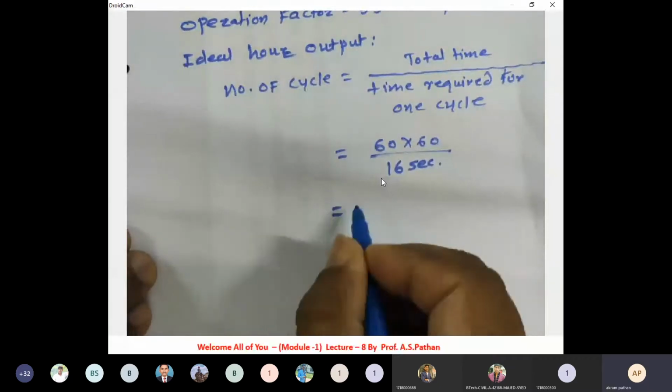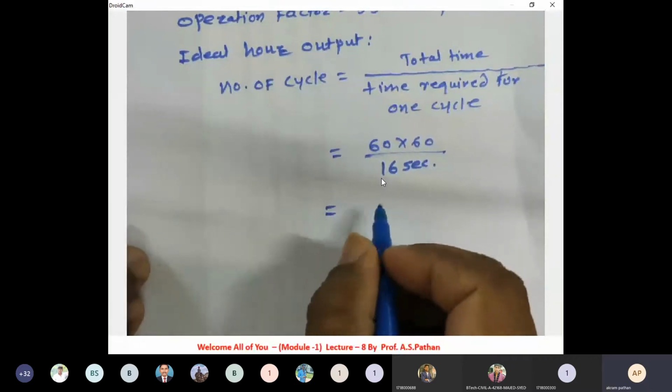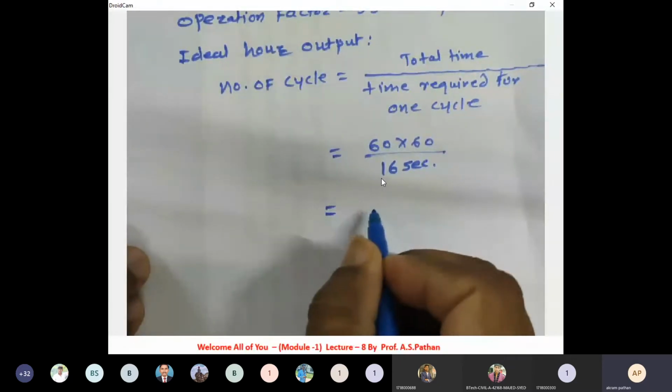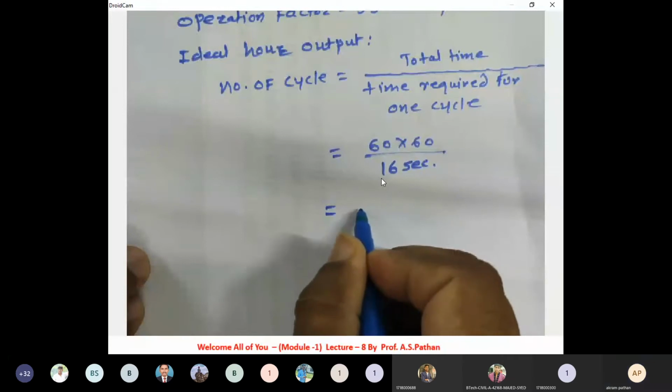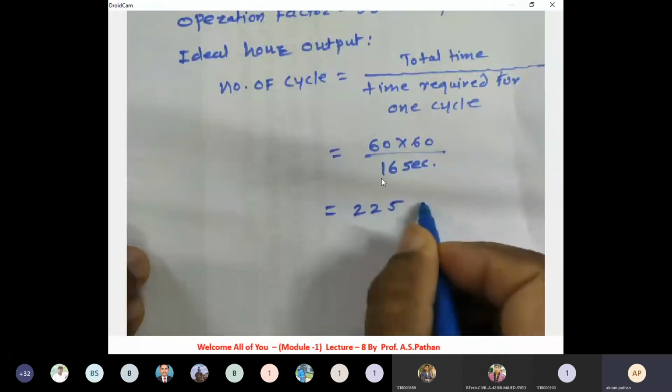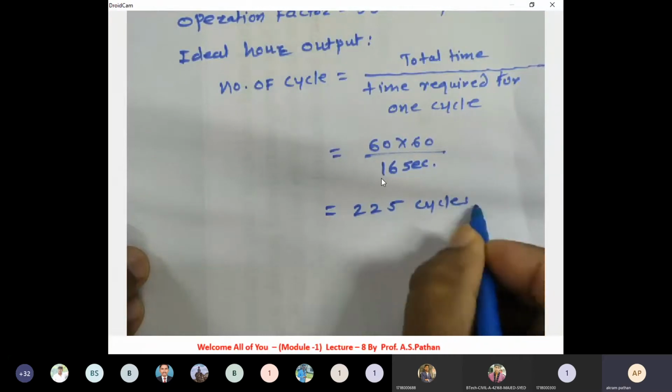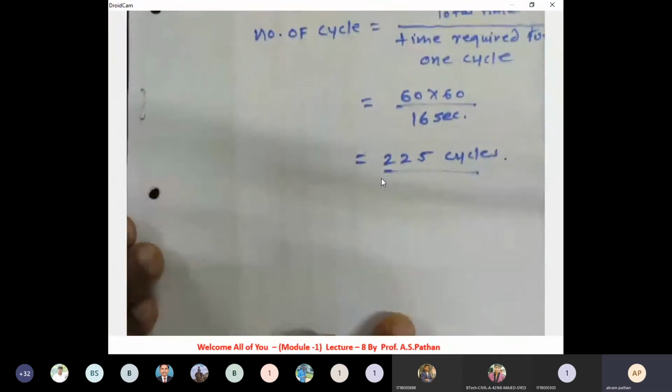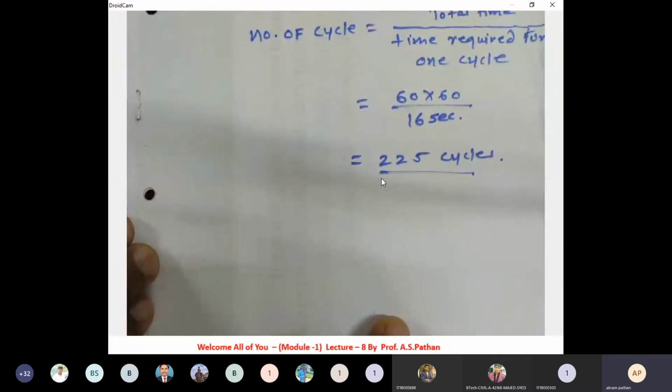Then the number of cycles for this particular operation, if you calculate this, is 225 cycles.